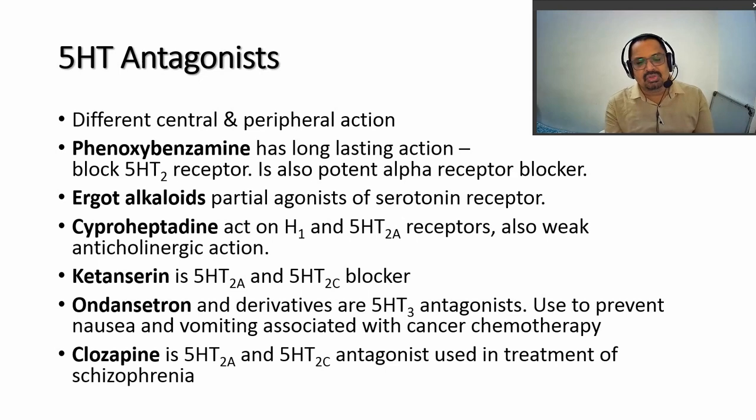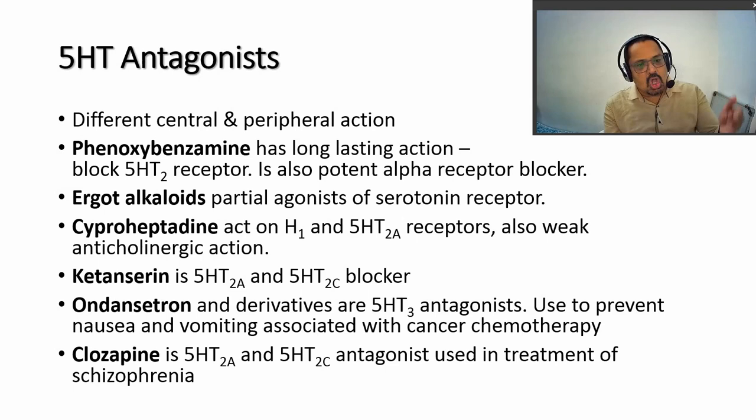Cancer chemotherapy induced nausea and vomiting are very well managed using this 5-HT3 receptor antagonist, ondansetron and its analogs. Clozapine is a 5-HT2A and 2C antagonist, used in the treatment of schizophrenia. So the 5-HT receptor also plays a role in the CNS and it manages schizophrenia. Clozapine is the main agent.